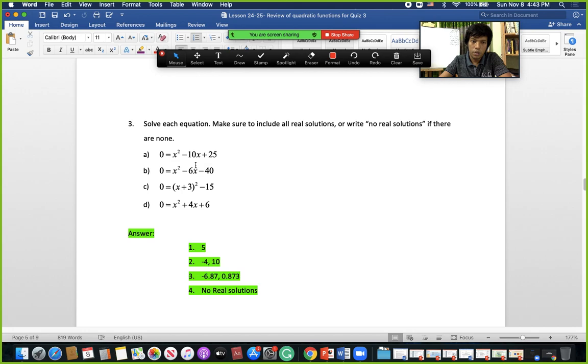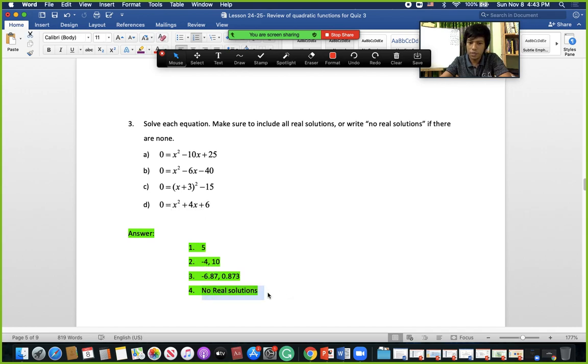Here also, our third item is to find the x-intercepts from the given equation. So what is the x-intercept here? That means you have to put this equal to 0 and try to factor it. Here we have the factor. There is only one solution. Just try to do the middle term factoring, and these are the answers. For this one, there is no answer.